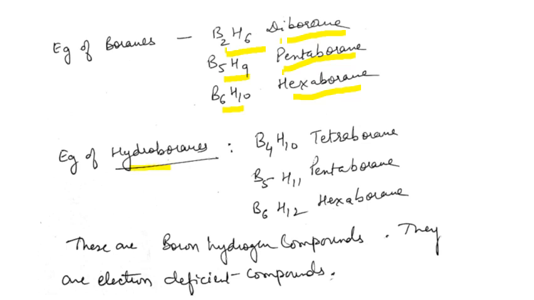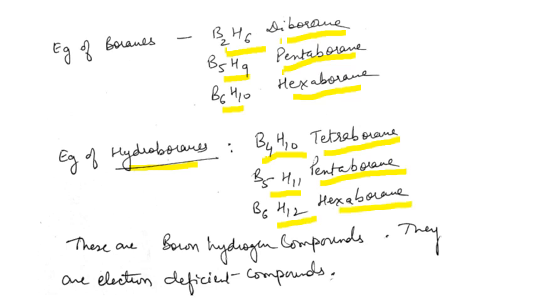Examples of the hydroboranes have the formula BnH2n+6. If we go for B4H10, that is tetraborane, a hydroborane. Another example is B5H11, pentaborane. B6H12 becomes hexaborane.